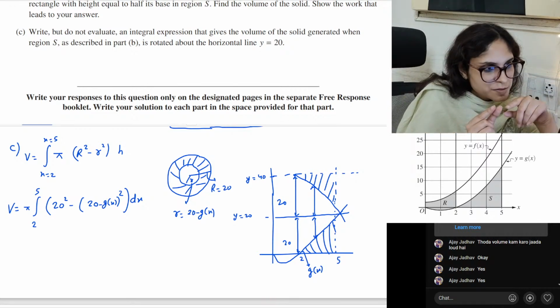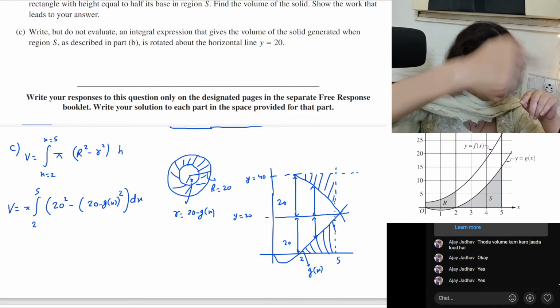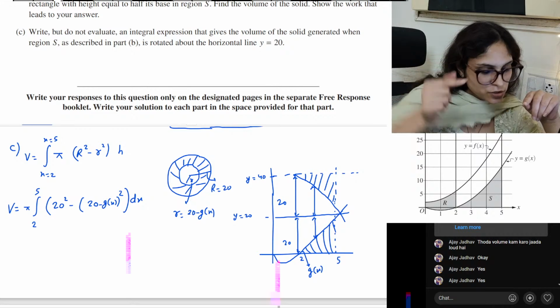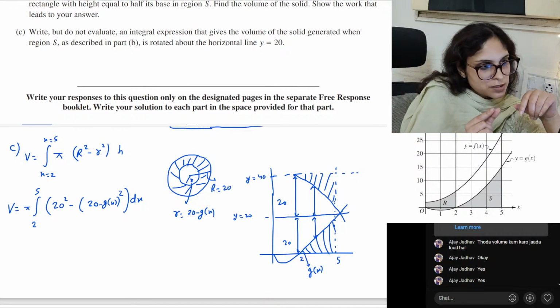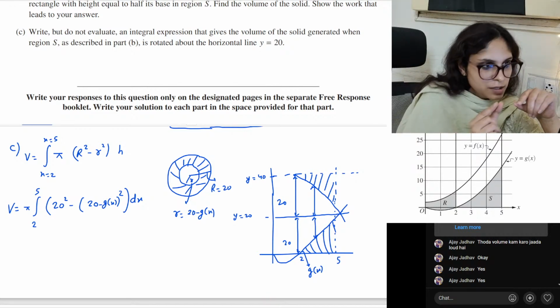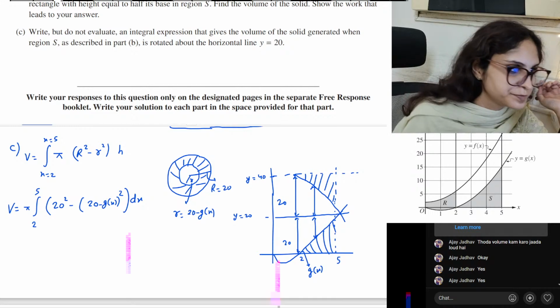Because we'll be having this section. So we are taking this section, then we are taking this section, then we are taking this section. So this height is going to be dx. Okay? This is your circle and this is going to be dx.